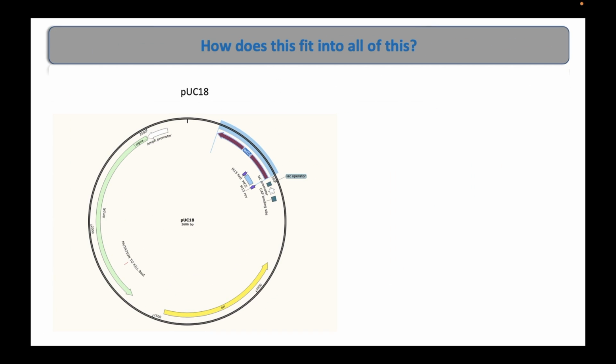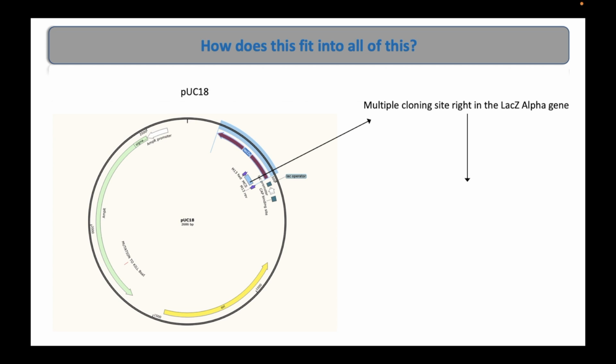Okay, so how exactly does this fit into all of this, and why is this useful? As you can see here, this pUC18 plasmid, or any other plasmid that contains the LacZ alpha fragment for that matter, also has a multiple cloning site, or an MCS, right at the beginning of the gene.